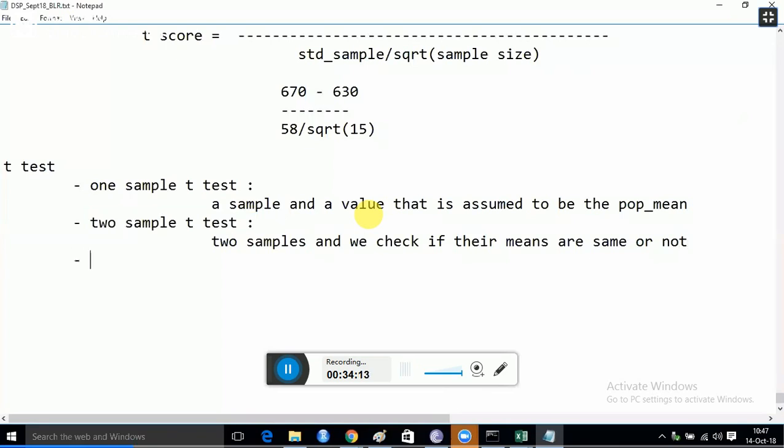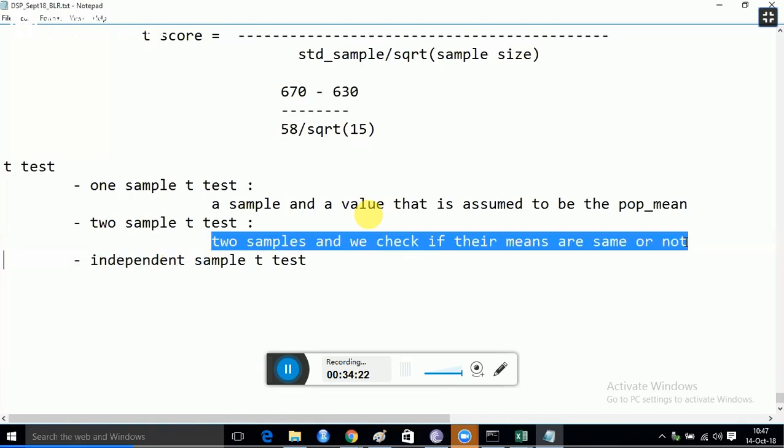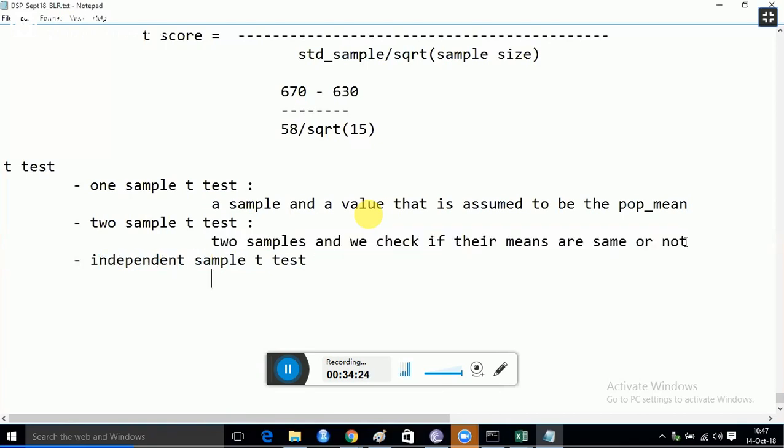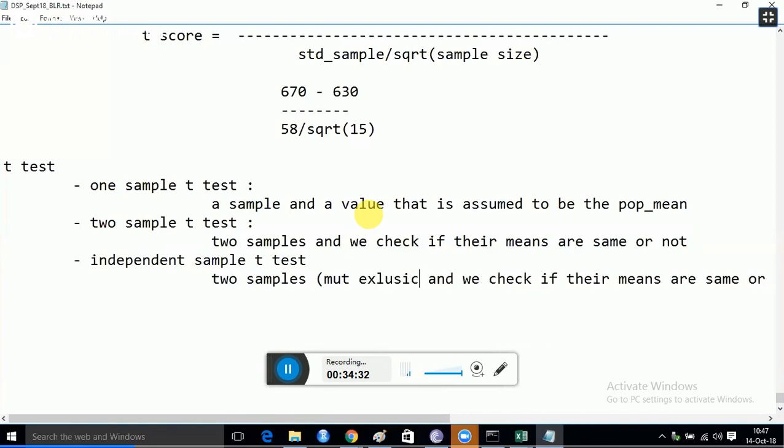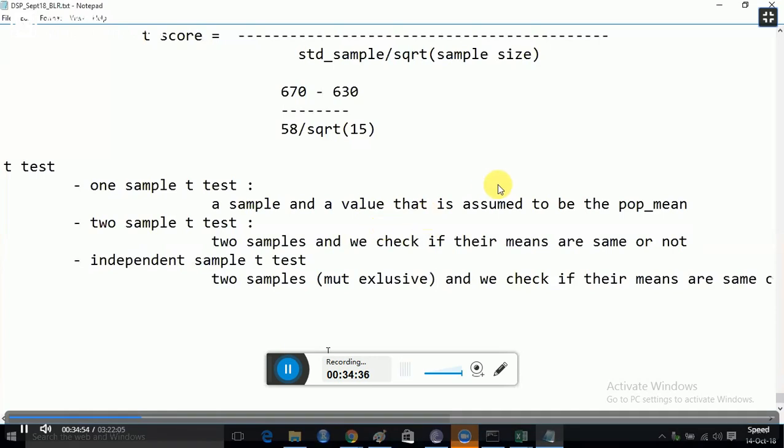Next up, I have the independent sample t-test. Still I have got two samples and I'm checking if the means are the same or not, but the only addition is that the two samples are mutually exclusive, independent of each other.